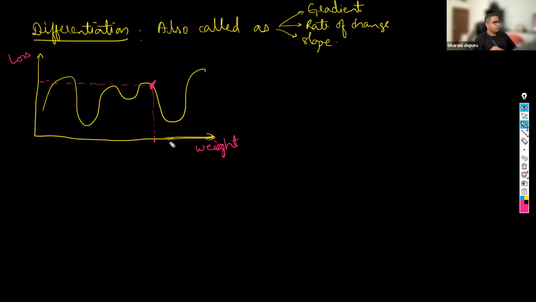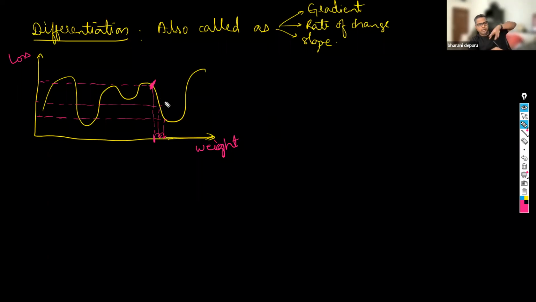Then you update the weights and look at what your loss value is. Again, update the weights, check what your loss value is. Keep continuing this process, friends, of changing the weights and then minimizing your loss.